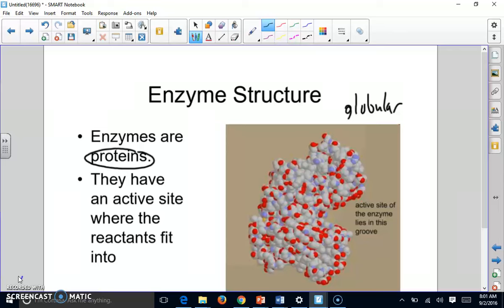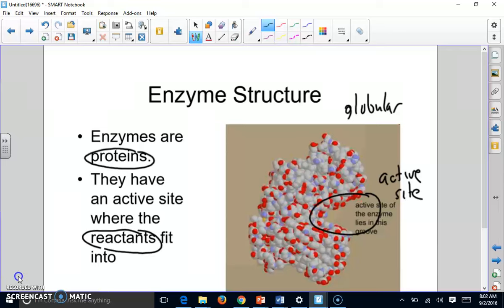Here, in this picture, is a ball and stick model of an enzyme. These are all amino acids that are folding in certain ways to make the protein take this shape. Now, what's important here is that all enzymes have an active site. It's a groove where the substrate can fit in.